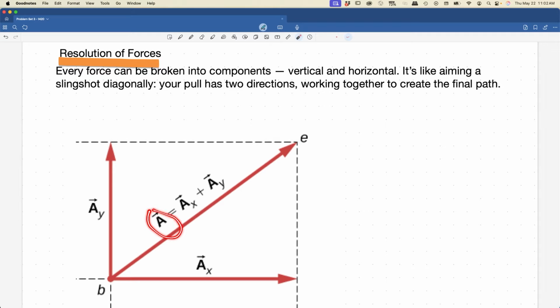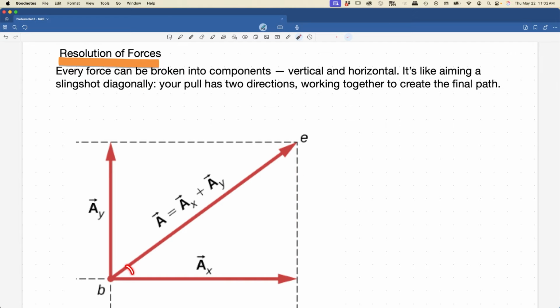You can see the vector A, which is the sum of the x component and the y component. So this is the x component and this is the y component, which could also be shown here. So that's where you get that triangle.